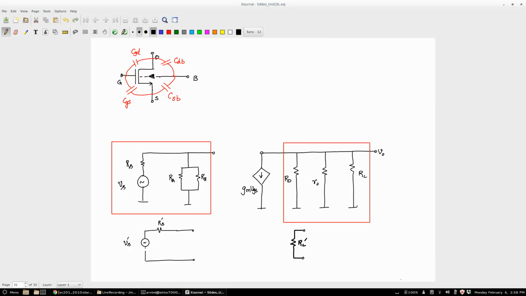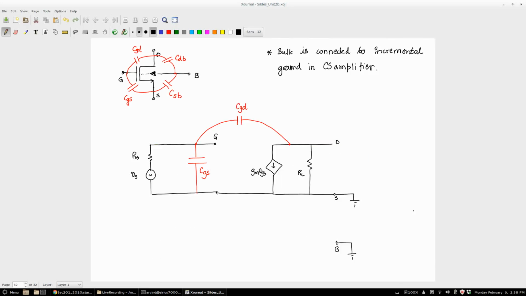Maybe when we do the other amplifier it will become clear, but we will clarify this point later also. So basically you have this bulk which is connected to incremental ground, and you have the source which is connected to incremental ground, right? That's the way the amplifier is. Is that right? Does everyone follow that? Source, right? All of this is the source terminal, so that is connected to incremental ground.